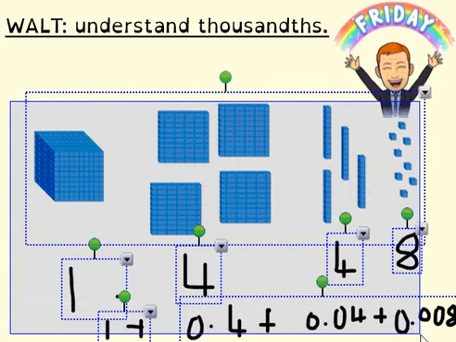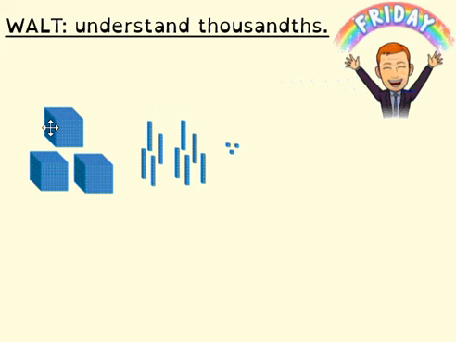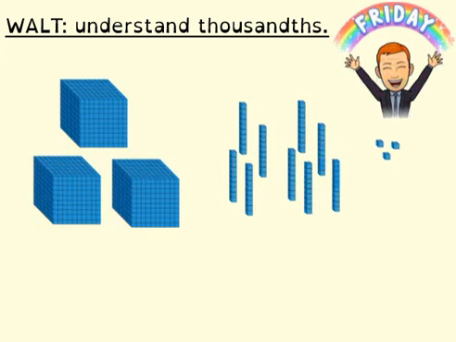I'm going to bring in this example. This time, there's a slight change compared to the two examples we've just looked at. You might have spotted already, yes, I've got my large cube representing my wholes. I haven't got any squares though this time, which means that there's going to be a 0 in the tenths column.